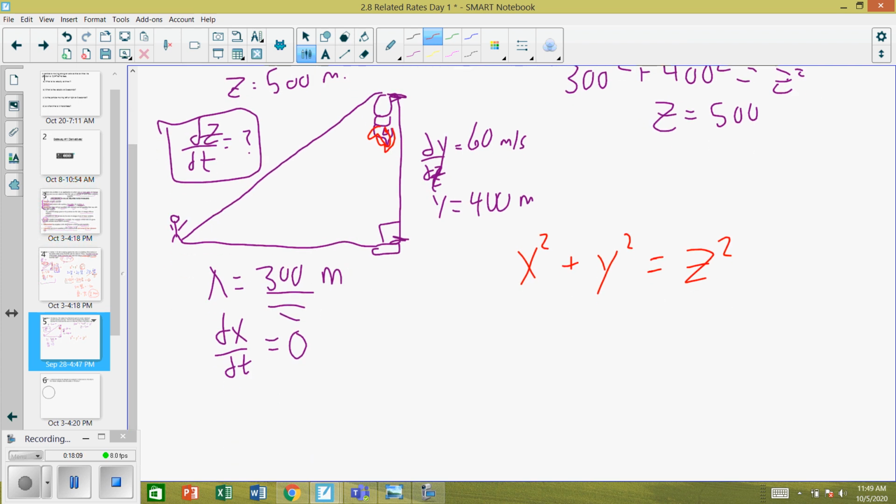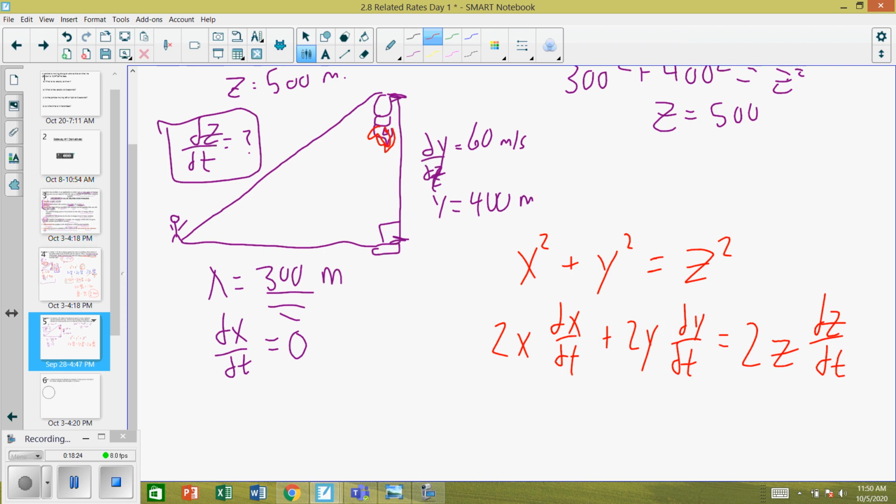Okay, let's take the derivative. So 2x dx over dt plus 2y dy over dt equals 2z dz over dt. All right, let's plug in everything we know. Now, again, remember the constant is x here.